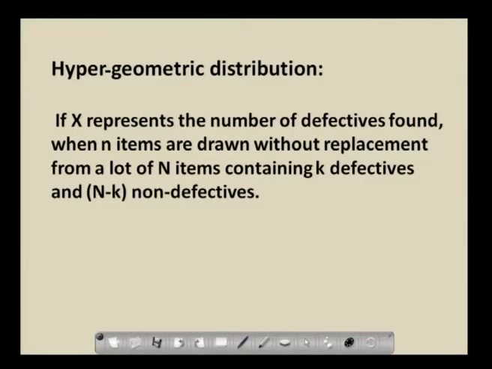What is it about hypergeometric distribution? When we discussed binomial distribution, it is about x number of successes out of n trials. The same with Poisson distribution, but when n is large and the probability of success p is very small, and lambda becomes n into p. The large number and a small quantity derive into a constant called lambda.